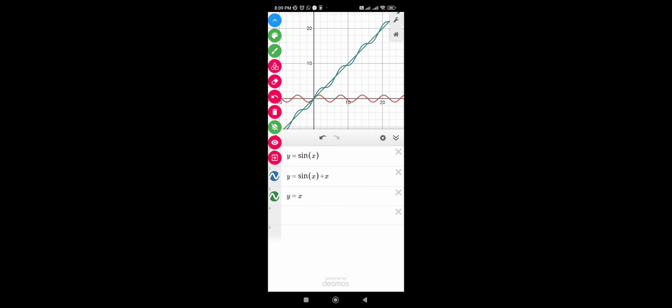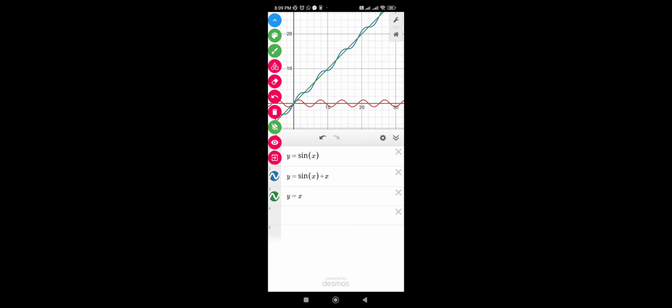You can see there are many intersecting points of g of x and y equal to x, right? All the intersecting points are the fixed points of g of x, and those fixed points are equal to the roots of this f of x. You can see that here, because pi, 2 pi, 3 pi are the roots of sine x.